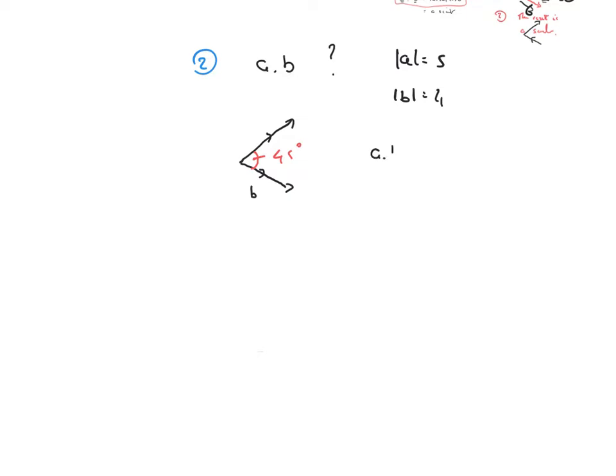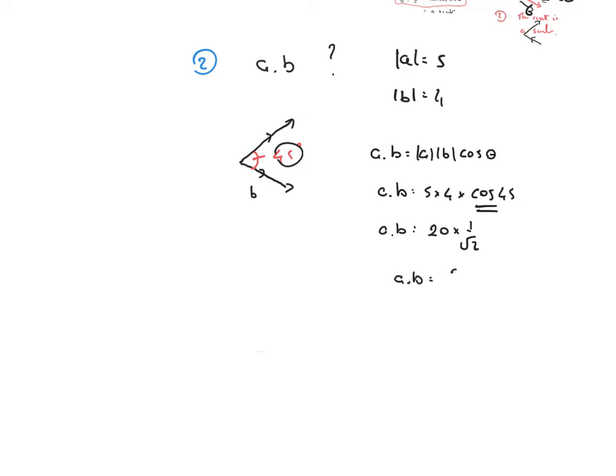So A dot B equals magnitude A times magnitude B times cos theta. Okay, magnitude A is 5 multiplied by magnitude B is 4 multiplied by cos theta, which is cos 45. Cos 45, that's another non-calculator question because that's one of my exact values, so that's 20 times 1 over root 2, and that is 20 over root 2.